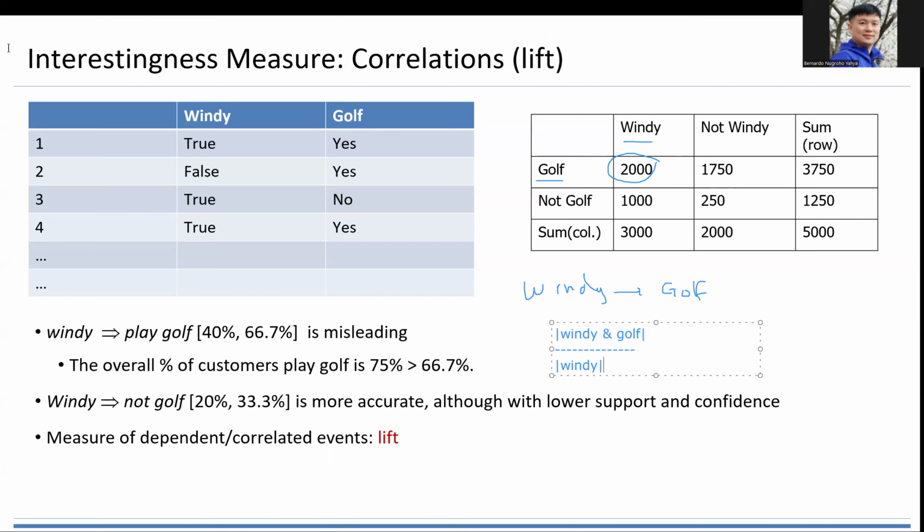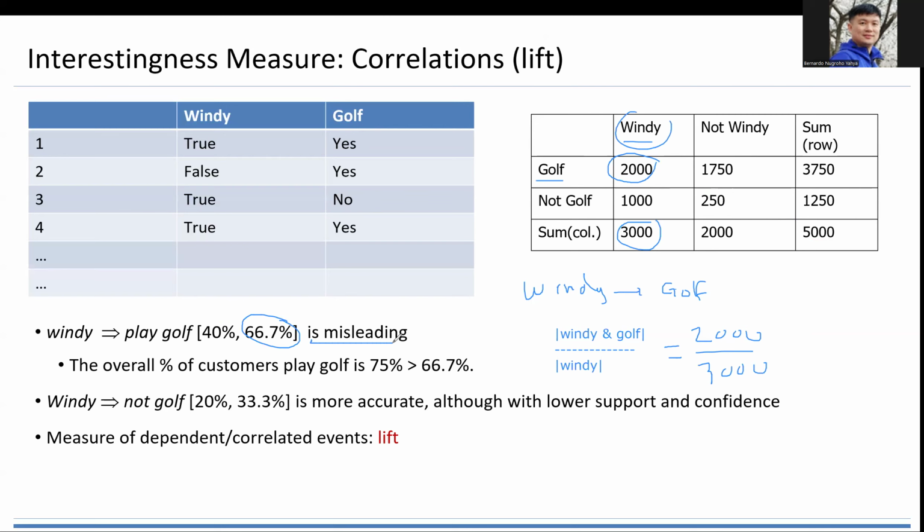So what is the number of windy and golf? It is 2000. And then how big is the number of windy? The number of windy here, the summation, is 3000. So we can get 66.7%. Oh, this is misleading.